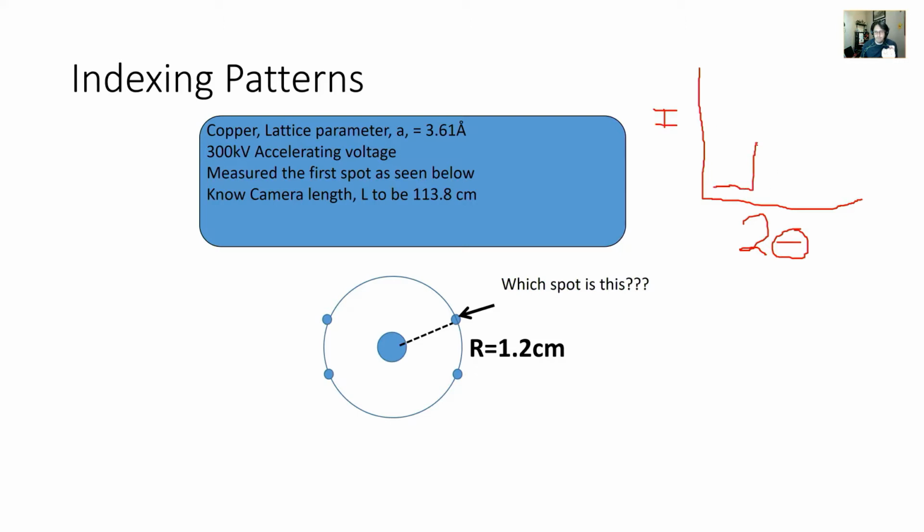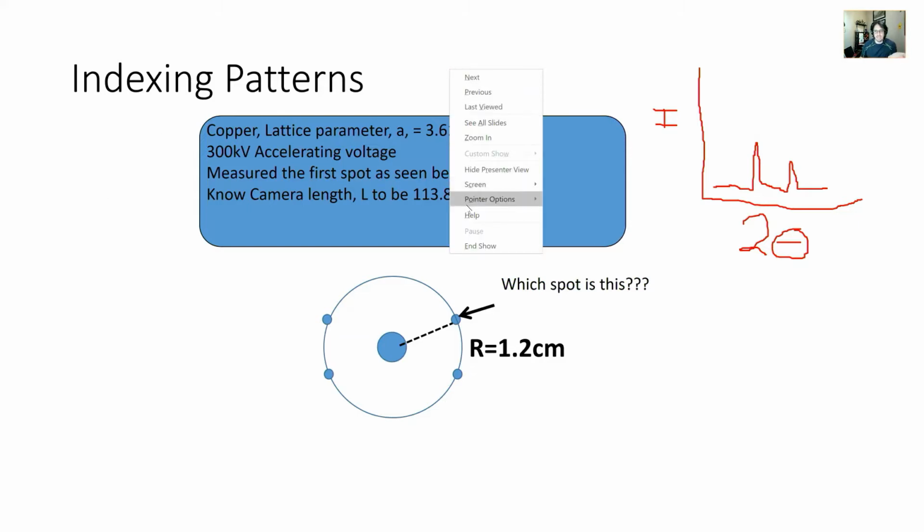You know, boom, a peak, boom, a peak. When we were talking about XRD, we were asking, which peak is this? Well now, on electron diffraction patterns, the spots are analogous to the peaks. So instead of asking what peak is this, we're asking which spot is this. And if it's the first reflection, it could very well be 111, 110, or 001.